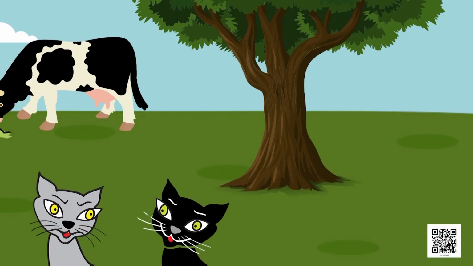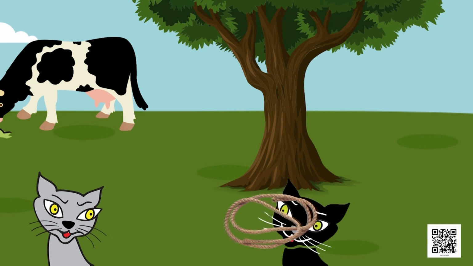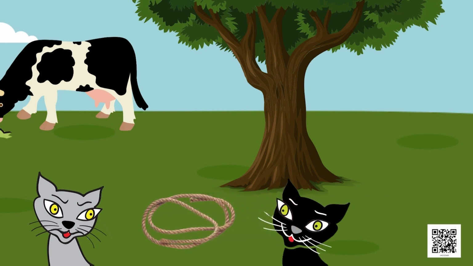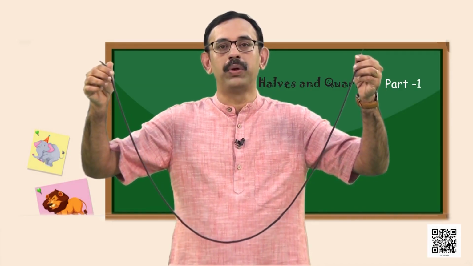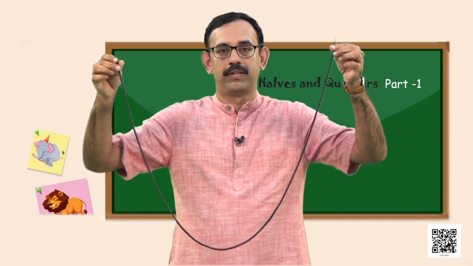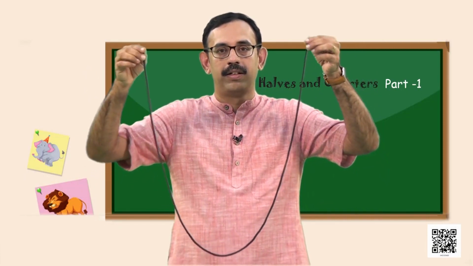After having food, kittens decided to play for some time. They got a rope. They started pulling it. Each one of them wants half of it. Let us see what happens. How will you divide this rope into two equal parts? Let us see.